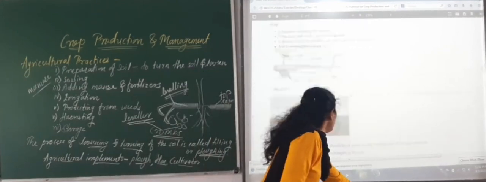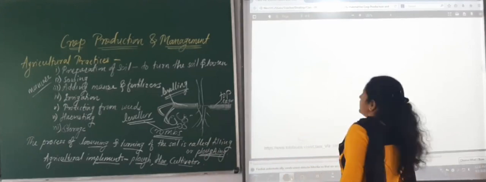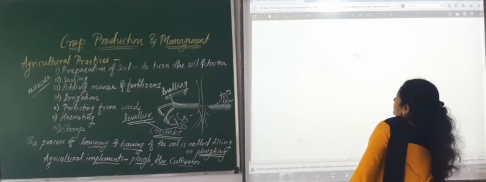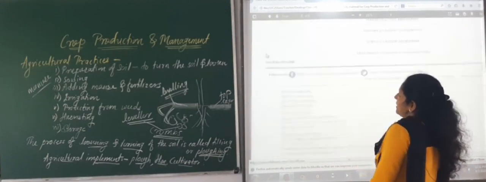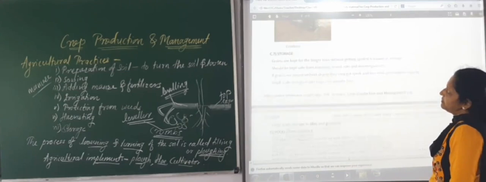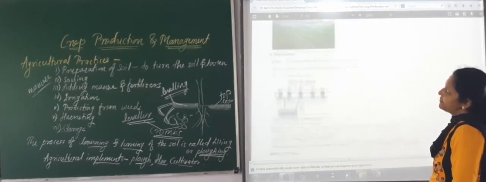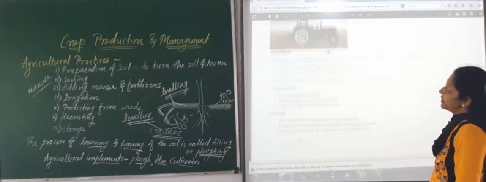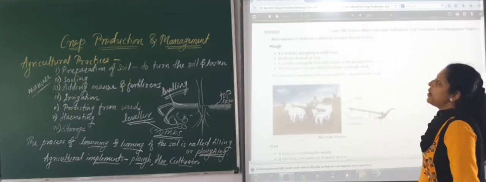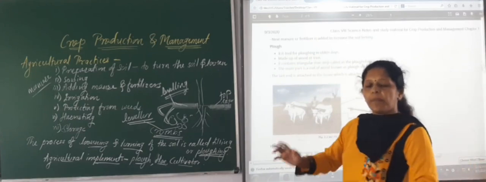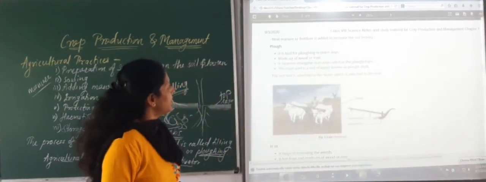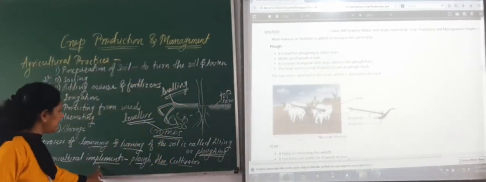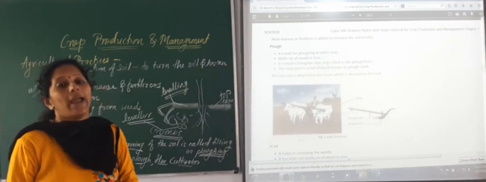So you are observing the plow here. The plow is made of wood or iron, and it is a tool, one type of machine. As we are learning agricultural implements: plow, hoe and cultivator.